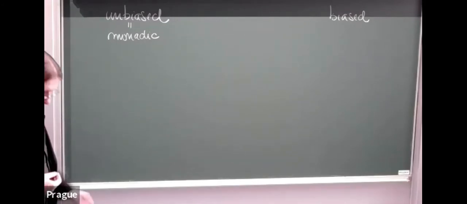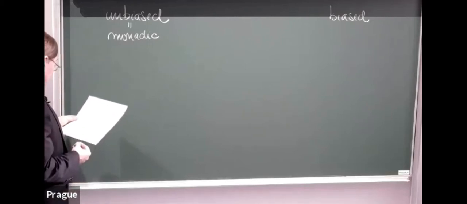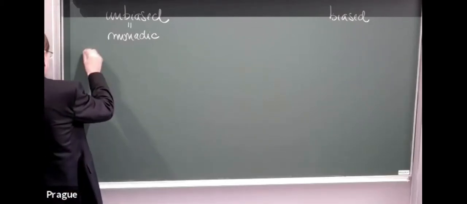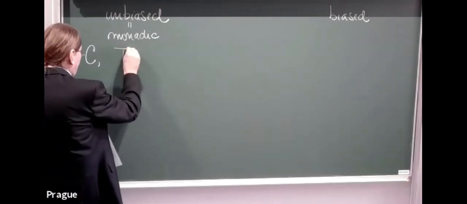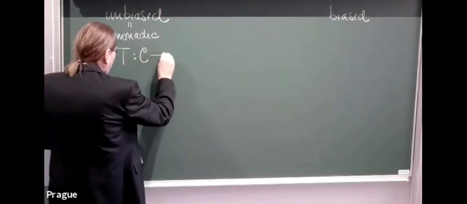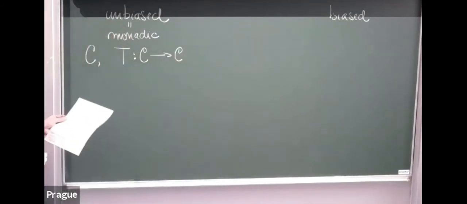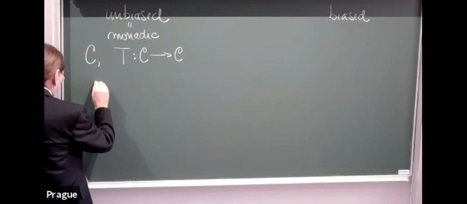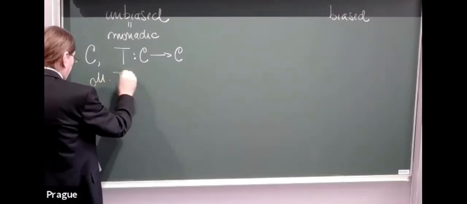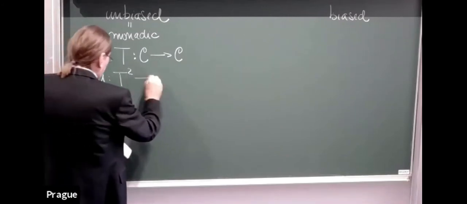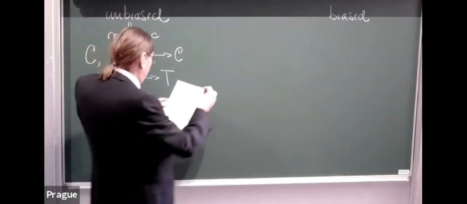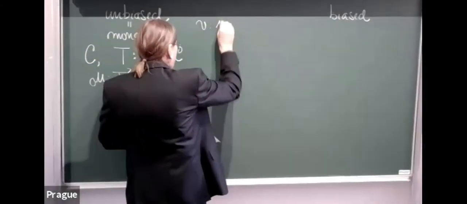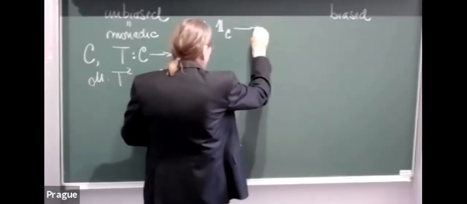A monad, also called a triple in Montreal, is a functor living on a category C, so a functor from C to C, together with two transformations: mu, which goes from T squared into T, and we may think of it as a kind of multiplication, and a unit transformation which goes from the identity functor into T.